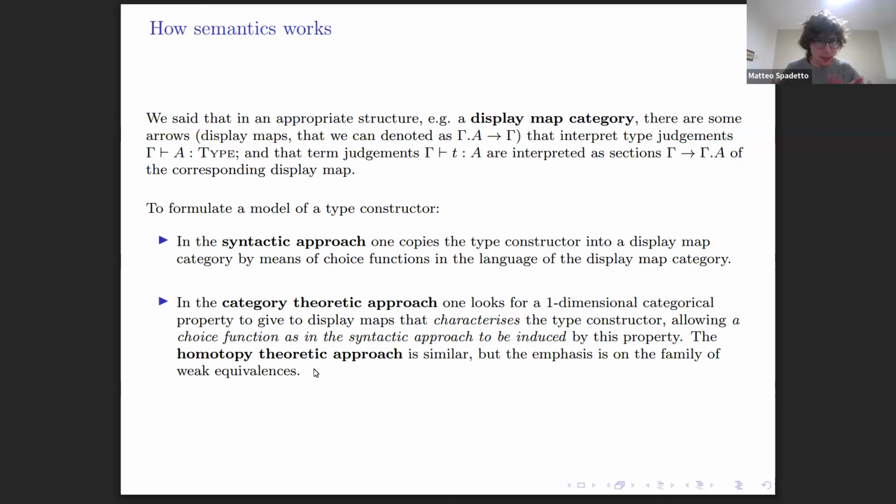And as we said, in the homotopy theoretic approach, the approach is similar, but the emphasis is more on the family of the weak equivalences. While in the category theoretic approach, the properties are typically closure properties on the display maps.